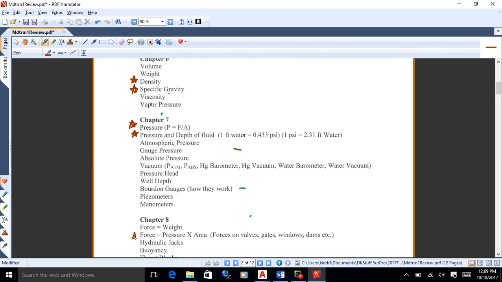And, well, more particularly, force is equal to pressure times area. Those are things that I'm definitely going to cover on this thing, okay? And then the other things I'll kind of pick and choose from. I can't put everything on the test, it's too much, so kind of pick and choose, okay? So we kind of clear on what I'm saying with that? Okay. Yeah. So those are things that I would definitely cover.